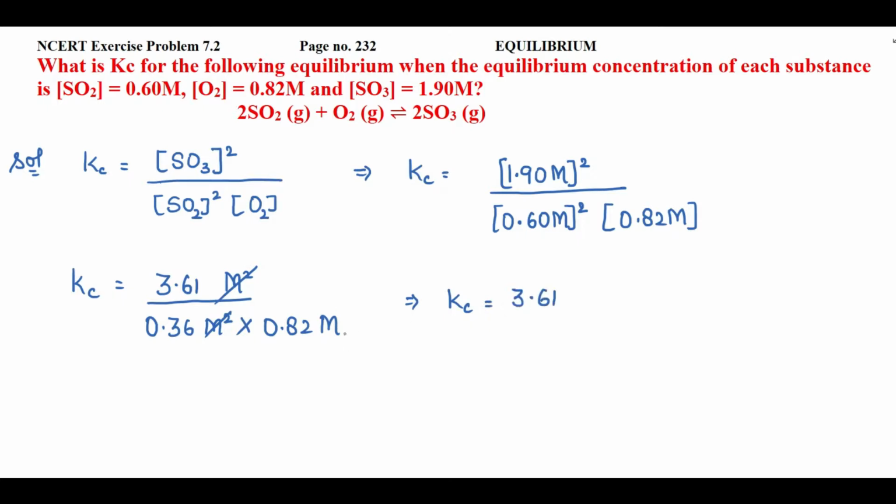This M will be M inverse when I'll take this in numerator. Divided by, when I'll multiply 0.36 with 0.82, the answer will be 0.295, right?